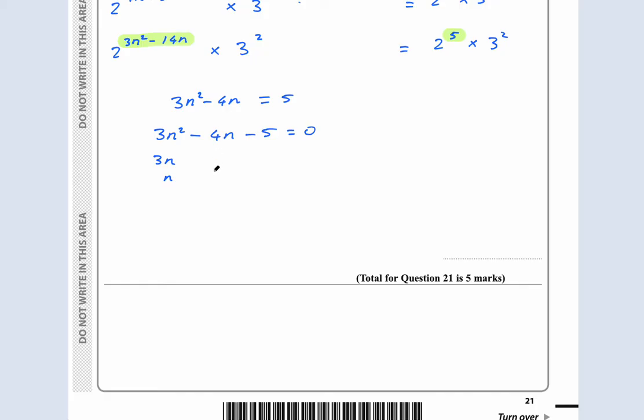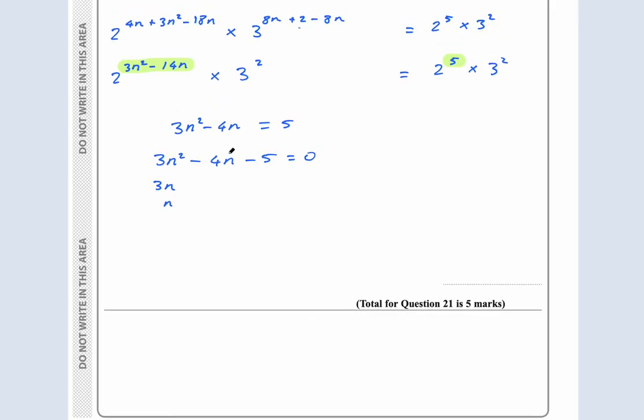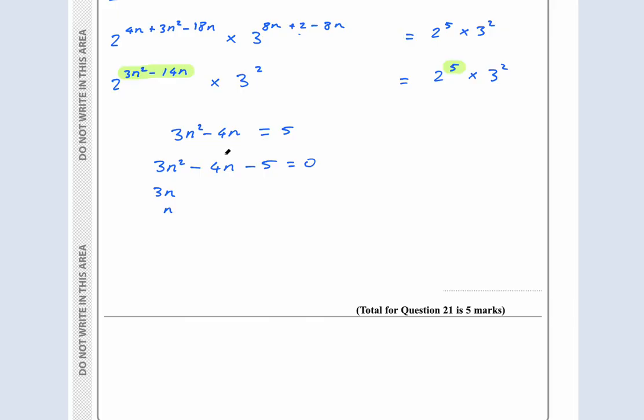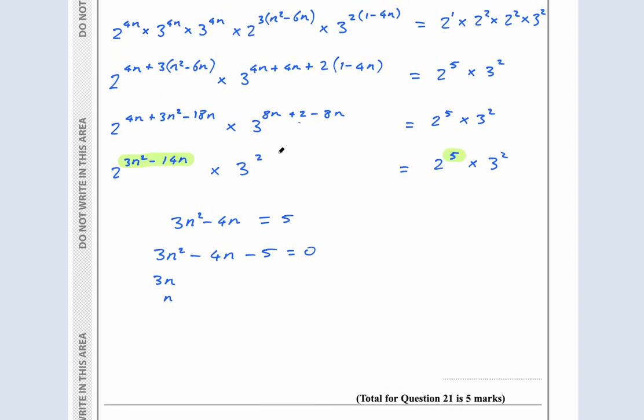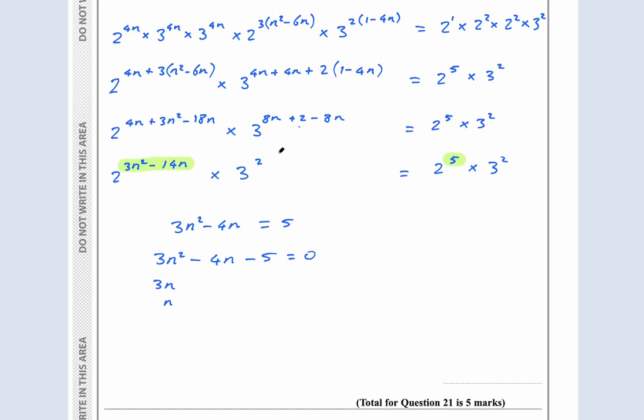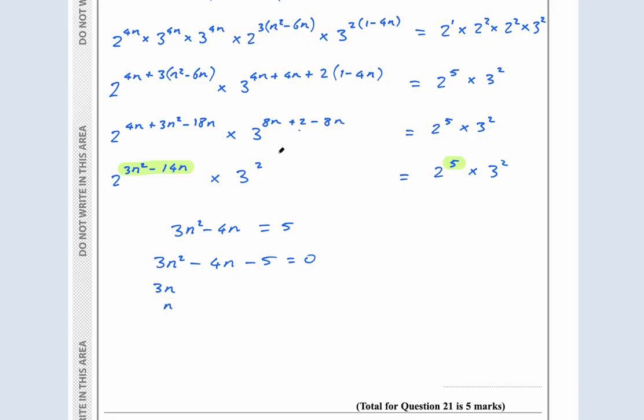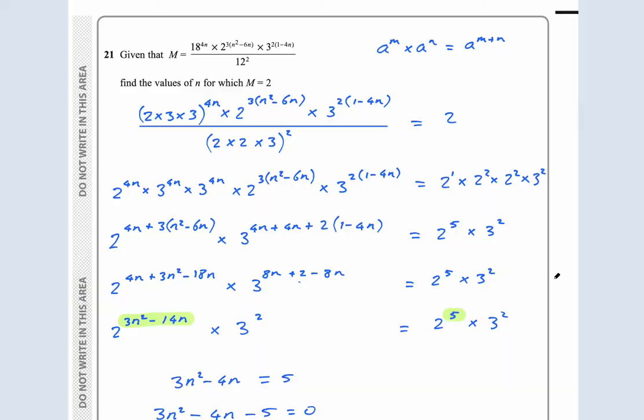If I put a 5 here and a 1 here, that won't work. If I put a 5 here and a 1 here, that won't work. So hang on, this doesn't actually factorize. Let me just check I'm right. Okay, let's try and solve it using the calculator.